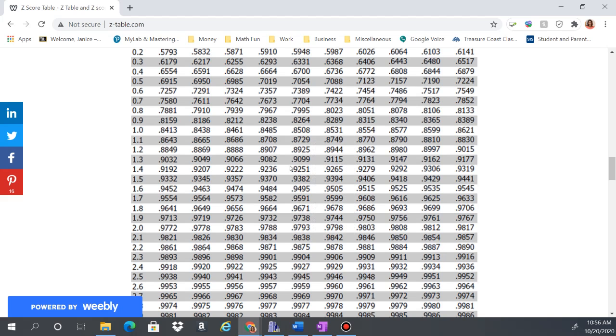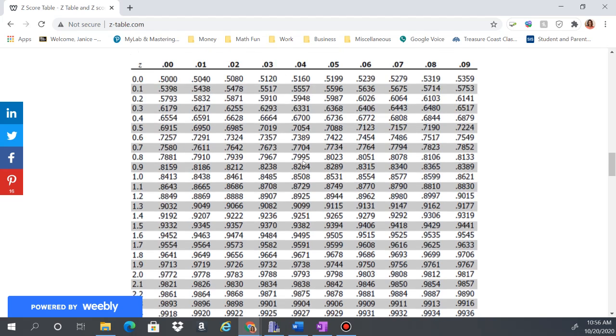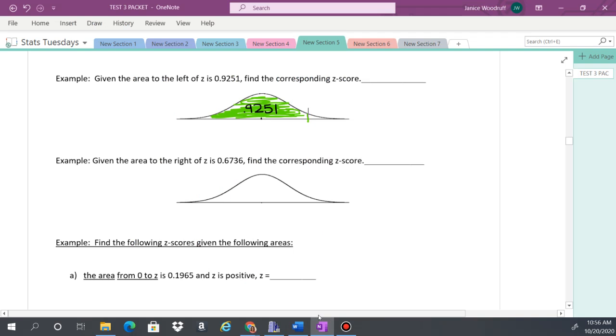There it is, right in the middle: 1.44. So 0.9251 gives 1.44. That's the corresponding z-score. That's the first option: look up the area and find the corresponding z-score in the table.